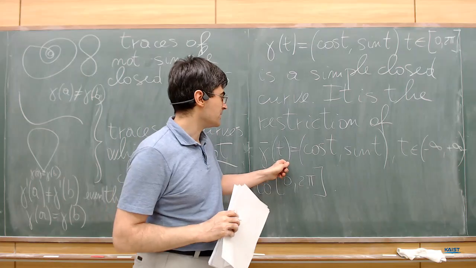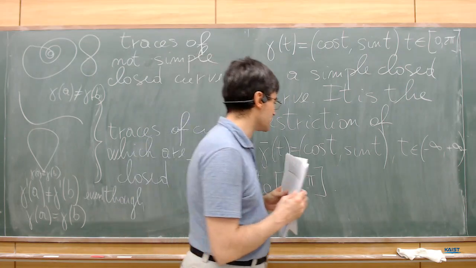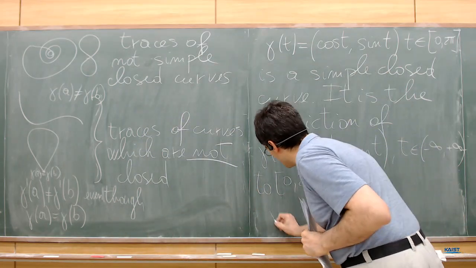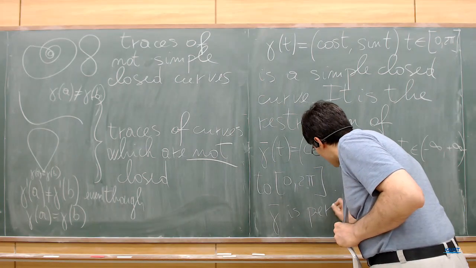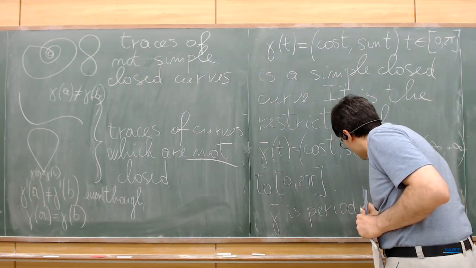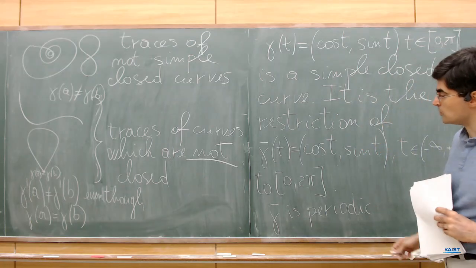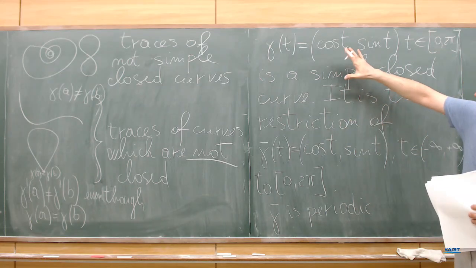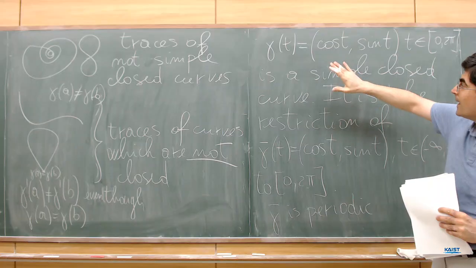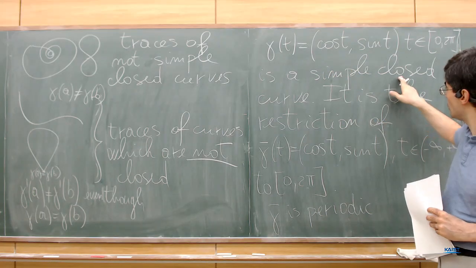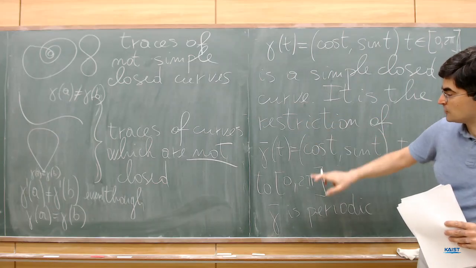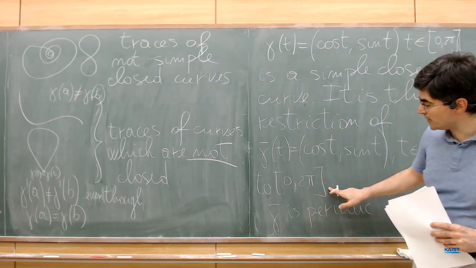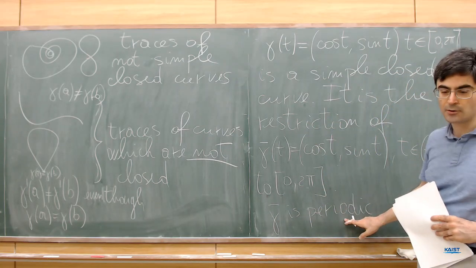This curve here is clearly periodic. Gamma bar is periodic. So we were able to construct a simple closed curve by considering the restriction to a smaller interval of a periodic curve.